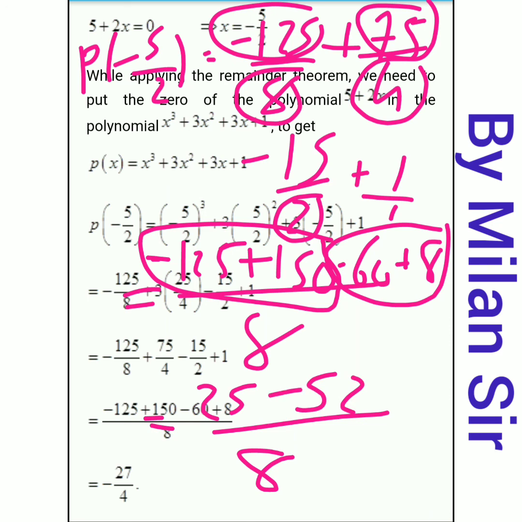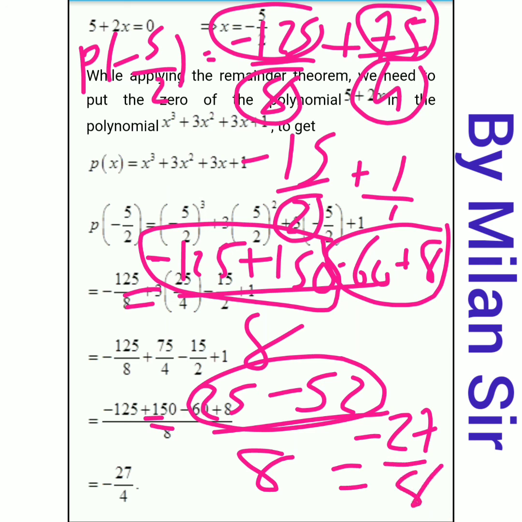Okay, so 25 minus 52 by 8. Now again plus minus minus, 52 minus 25 is 27, big number 52 and sign is negative. So negative sign, denominator 8 as it is. So this is our answer, minus 27 by 8.